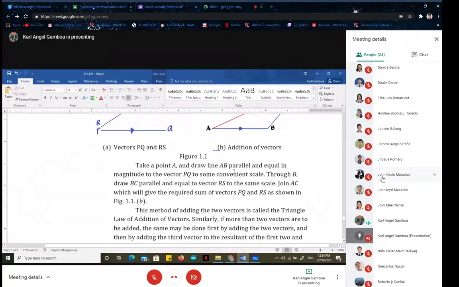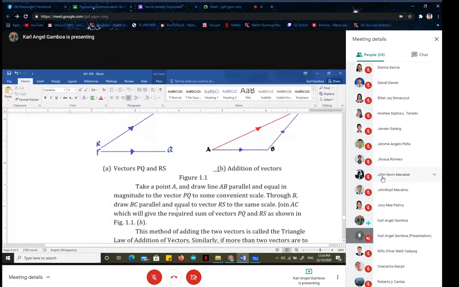Next, through B, draw BC equal to the vector RS to the same scale.